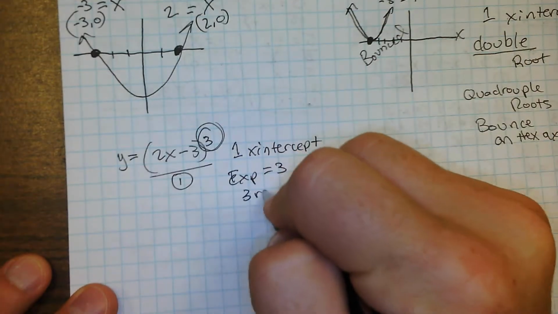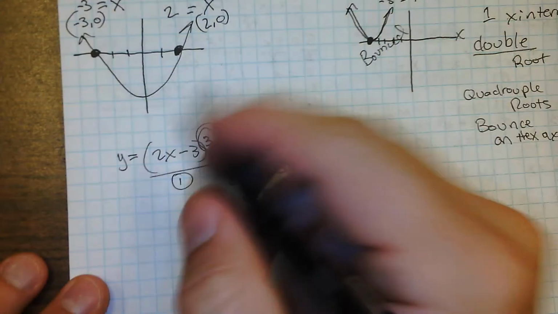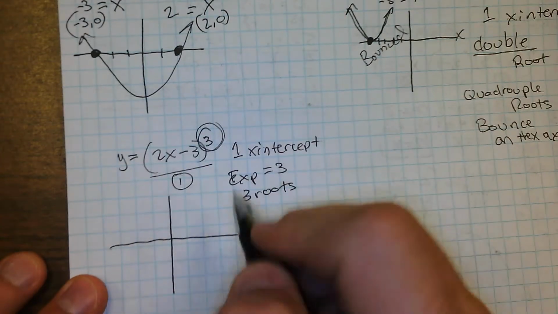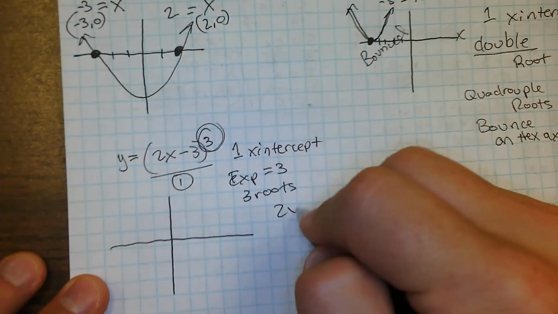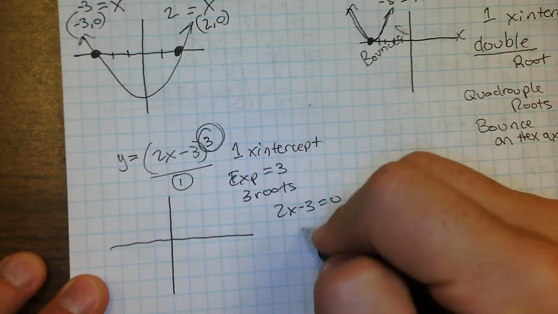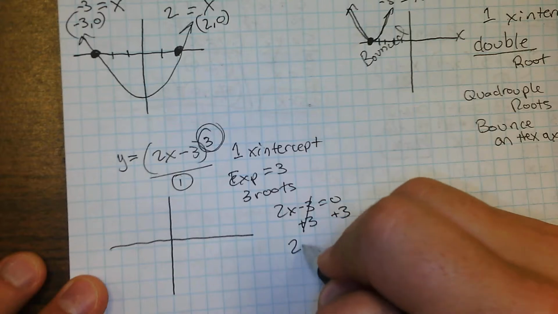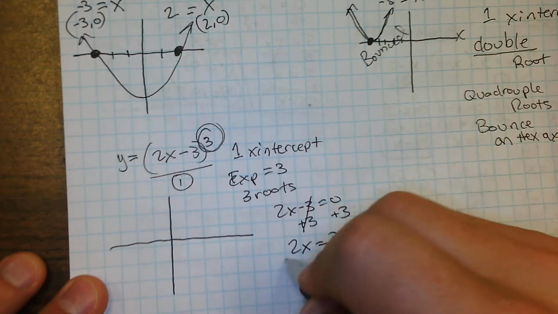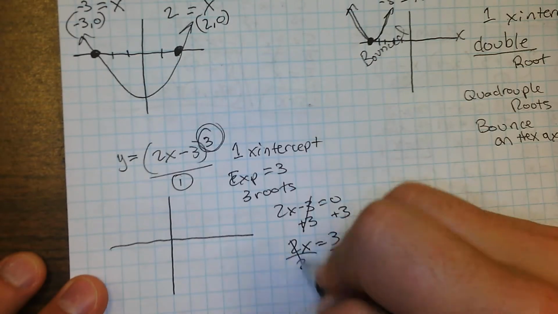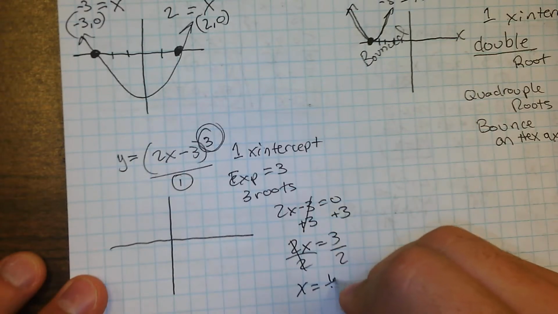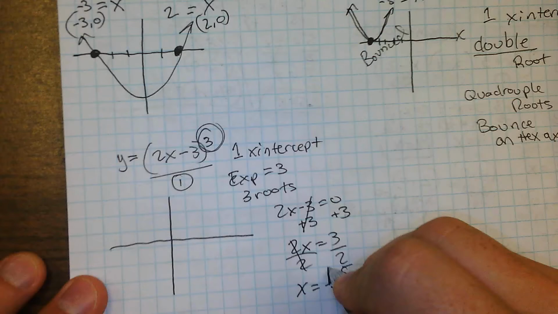That means that there's going to be 3 roots, all right? So if I set 2x minus 3 equal to 0, I'm going to add 3 to both sides. 2x will equal 3. I then have to divide by 2, and x equals 3/2, or 1.5, okay?